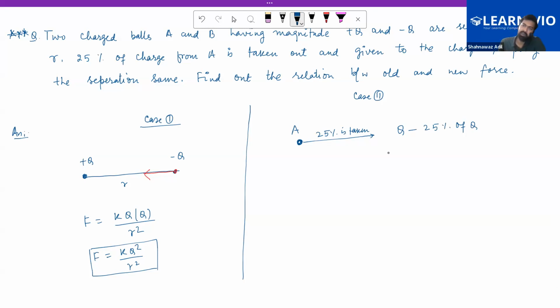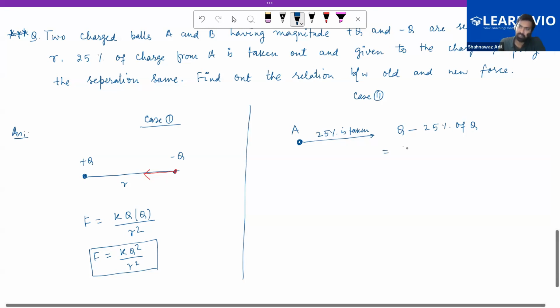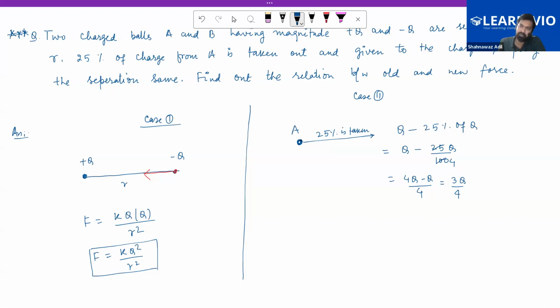So how much would this be? Q minus 25 by 100 of Q, so this is Q minus Q by 4. So 4Q minus Q by 4, so this is 3Q by 4.